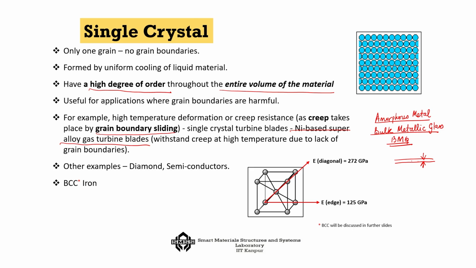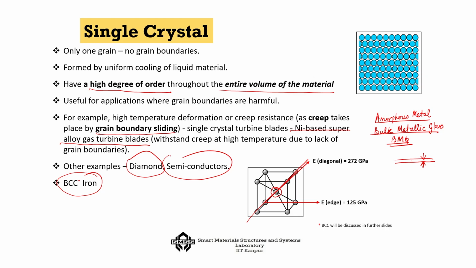Now, making a single crystal, as I told you, is a very challenging thing, because you have to control the cooling rate. And hence one of the extreme examples is, for example, diamonds or the semiconductors, etc. And you can see here the type of anisotropy that may develop. Say, for example, this is BCC iron, that means body centered cubic structure, and you can see that at the center there is an iron atom, and because of this, in the diagonal direction you have too many iron atoms.